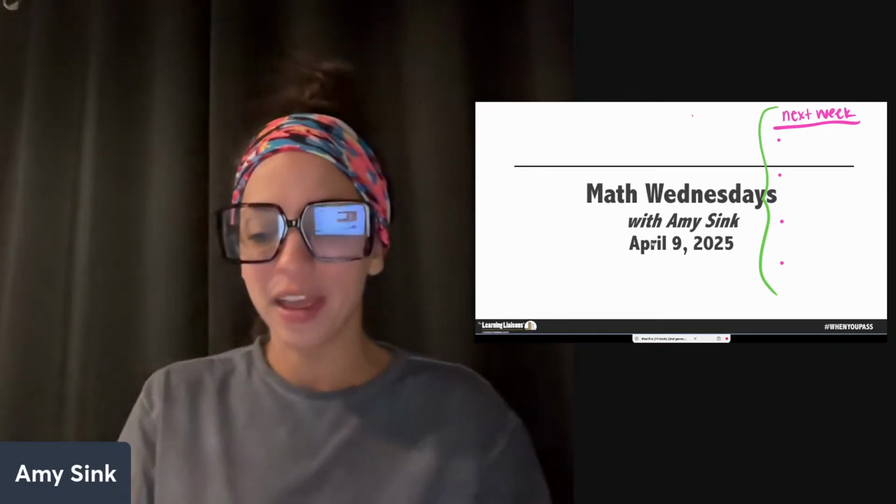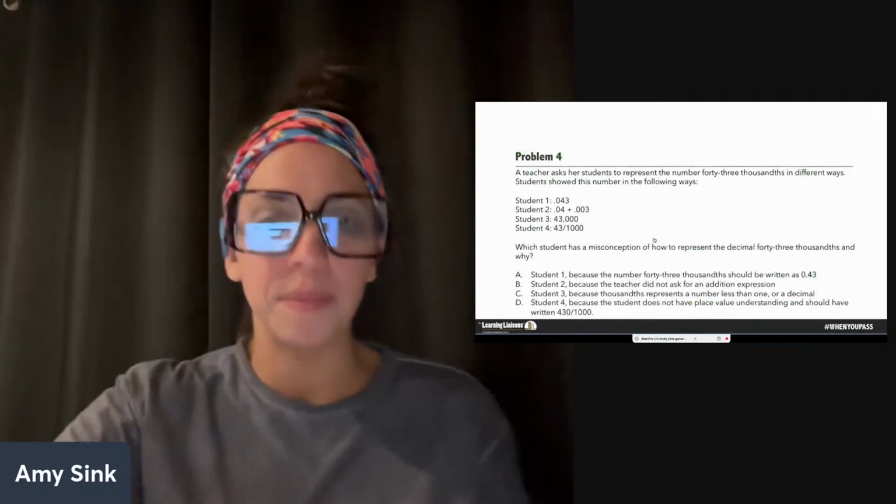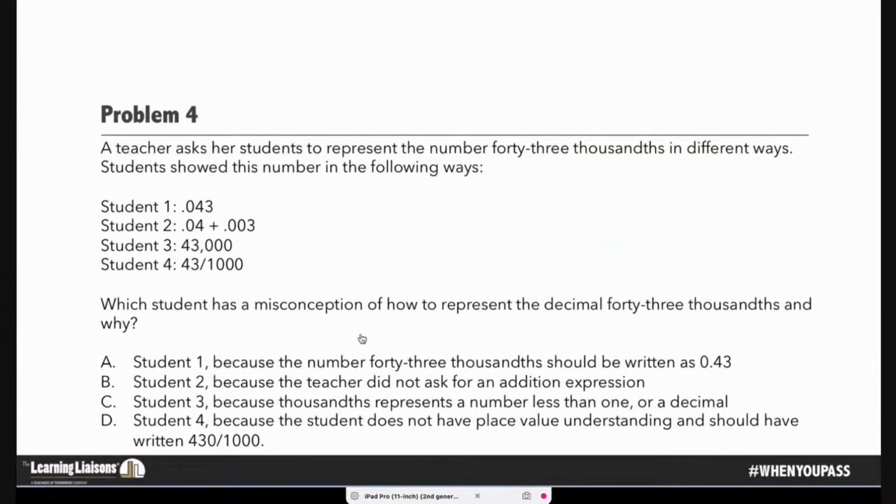So let me know. All right, let's go ahead and move on to problem number 4. This is a long one. A teacher asks her students to represent the number 43 thousandths in different ways. Students showed this number in the following ways. Student 1 said 0.043.